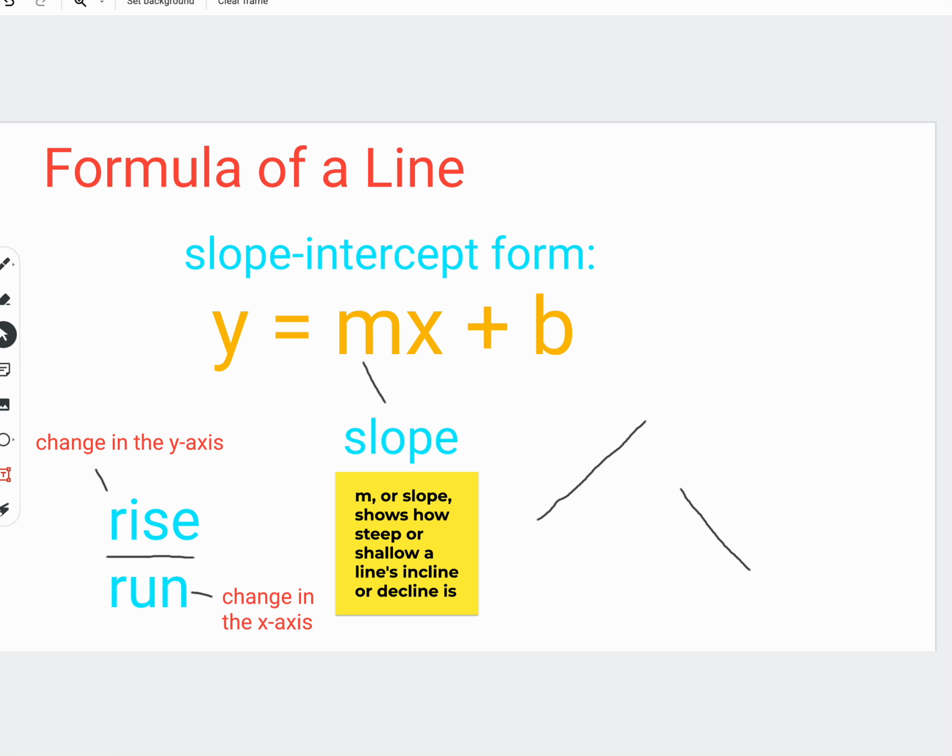Let's take a look at another formula that we can use to calculate the slope. We just need to be sure to remain consistent as to which point we call the first point and which we call the second. That way we can stay consistent with the numerator and denominator.